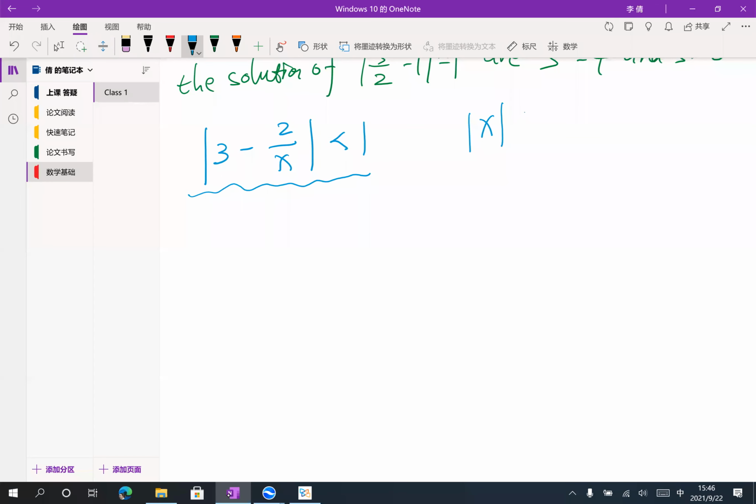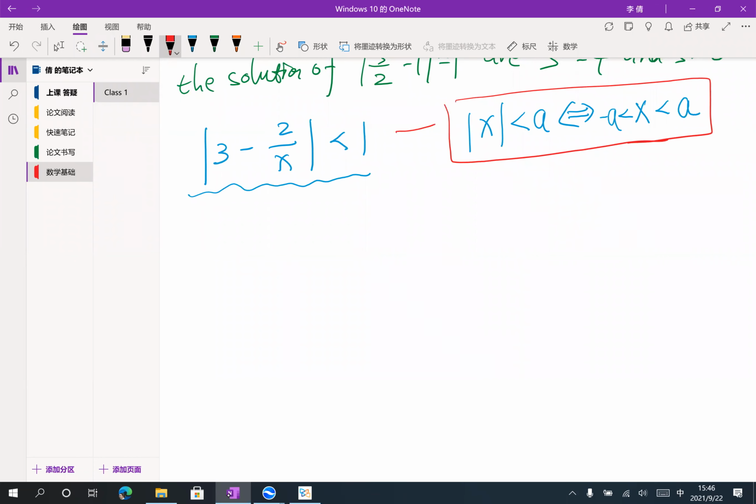The absolute value of x is smaller than a if and only if x is larger than negative a and smaller than positive a, that is, x is in the middle. We can use this property to solve this inequality, right? So using this property, we can get, let's solve it.